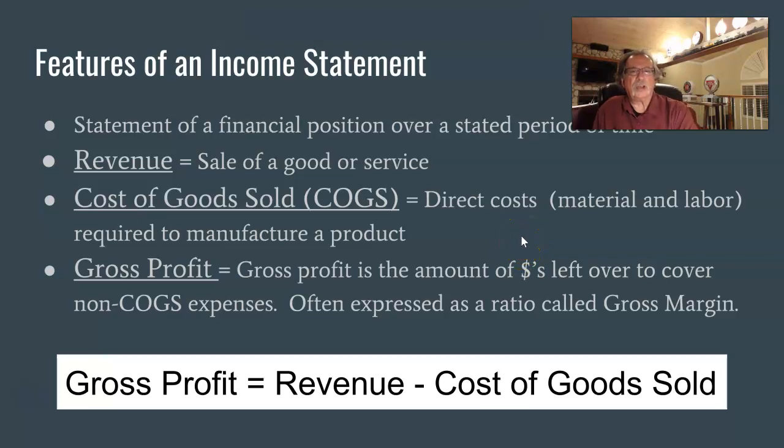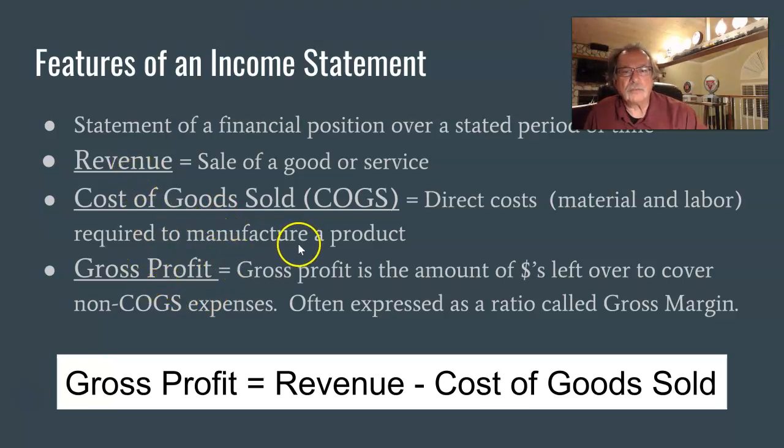And next week I'm going to talk about how we calculate direct cost. It's much more applicable to engineers. And then gross profit is the revenue minus cost of goods sold. It's often called gross margin. You can express it as a ratio. So it's revenue minus cost of goods sold over revenue.